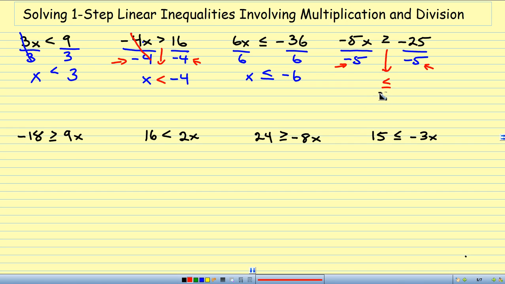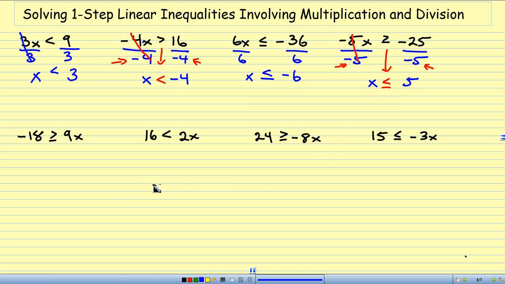It was pointing to the right, so it now points to the left, and then I just continue on as normal. So I have x on the left, and I have negative 25 divided by negative 5, which is, oops, I almost made a mistake. It's positive 5, because negative divided by a negative is a positive.